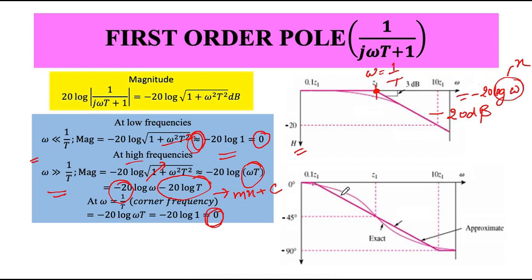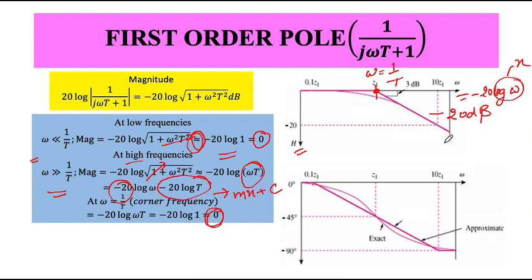And how does the plot look? It is just an approximation curve. I'm taking the approximate value of my magnitude. These two lines meet at this point, which is also known as the corner frequency. I'm just making some approximation here.